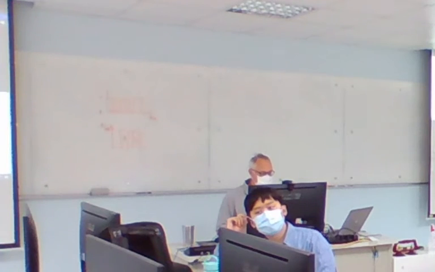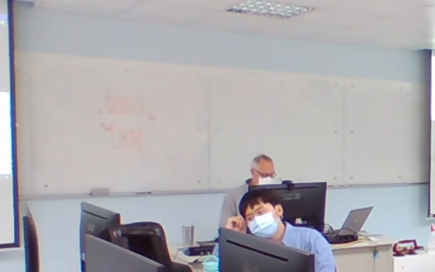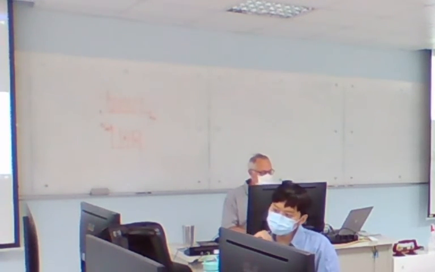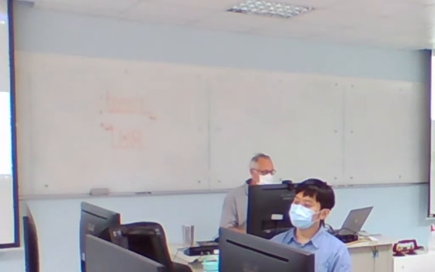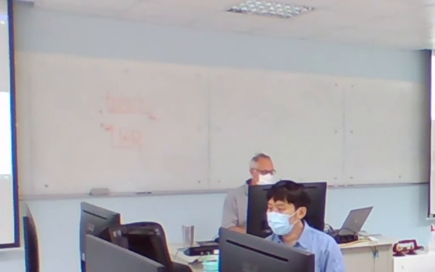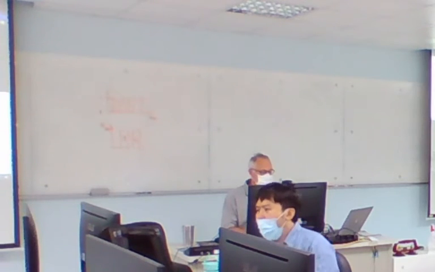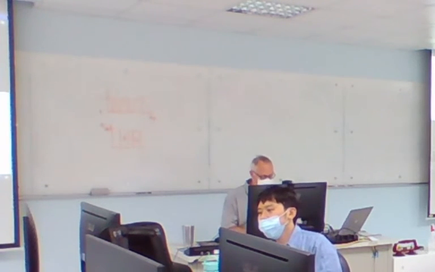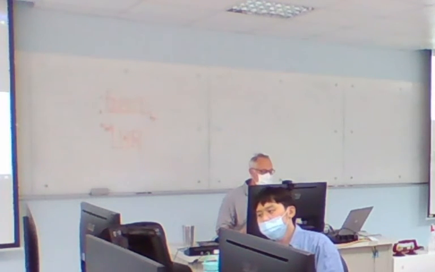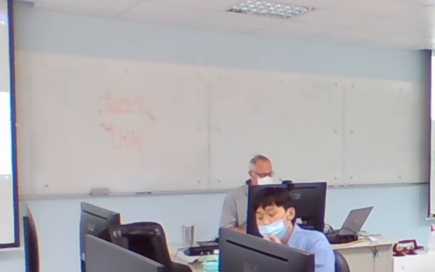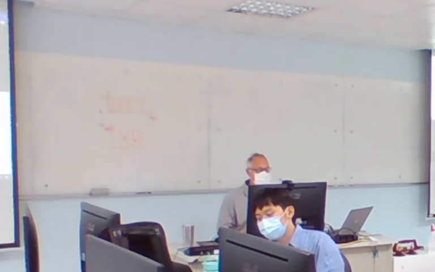So if random dot random is less than p, the counter is white, and else the counter is black. So now I have a bag with the counter inside, and I add one white counter, right?